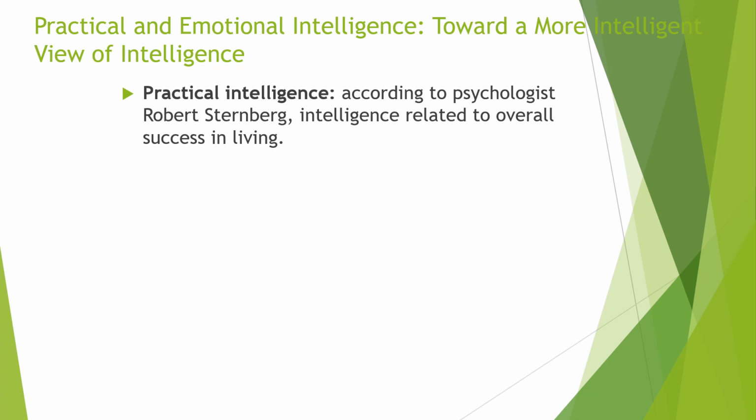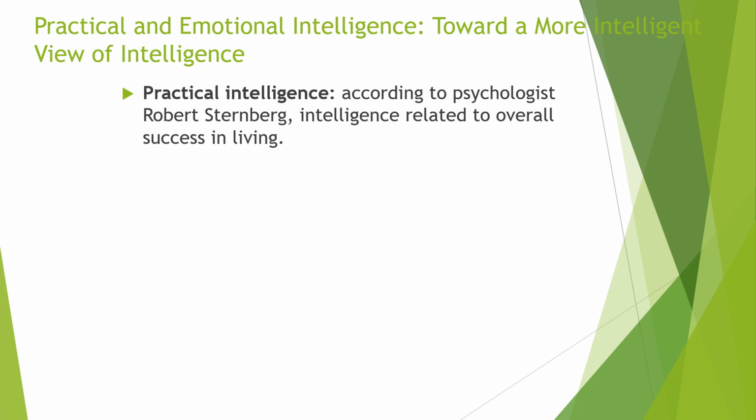That is practical intelligence. If you have lived a successful life, that's not always based on money though, right? But if you have lived a successful life in your surroundings, whatever that may be, then Robert Sternberg believed that you have this practical intelligence.